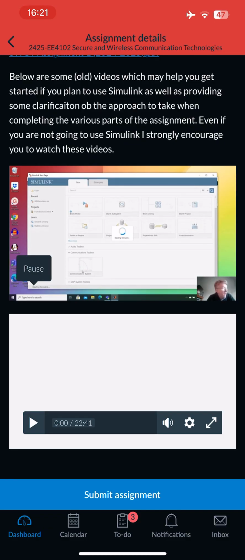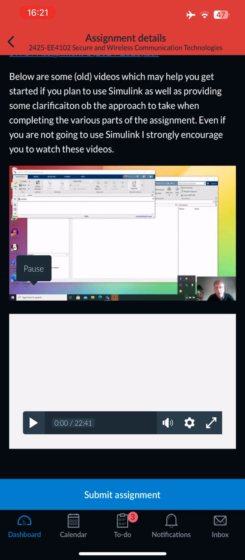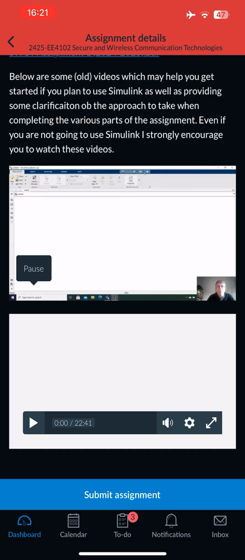Okay, so that'll kick off the process of starting up Simulink. It just takes a couple of seconds, sometimes a bit longer. All right, so Simulink is now open. You basically start with a blank canvas.